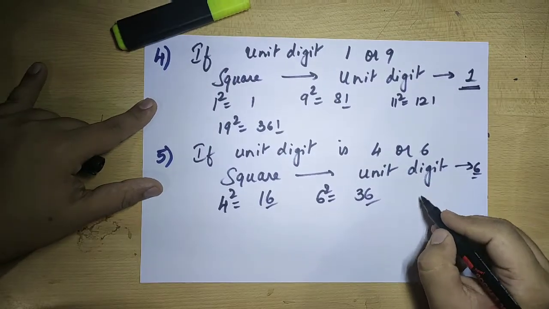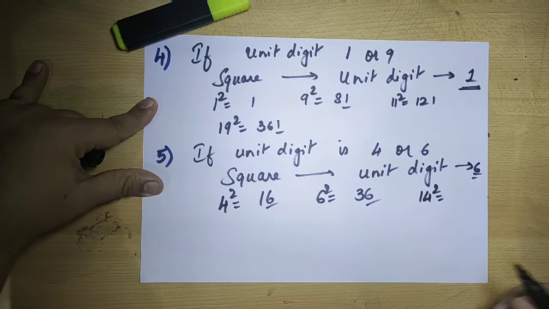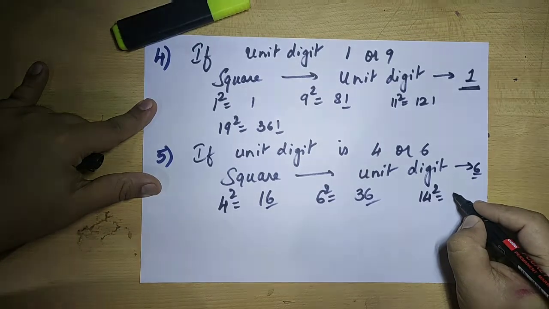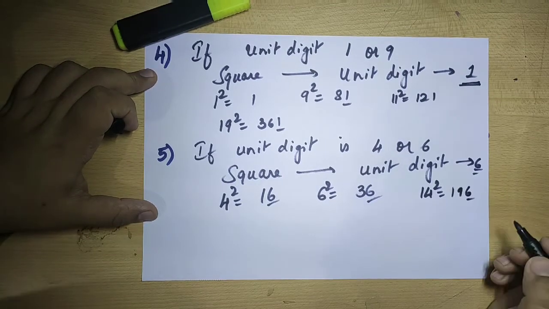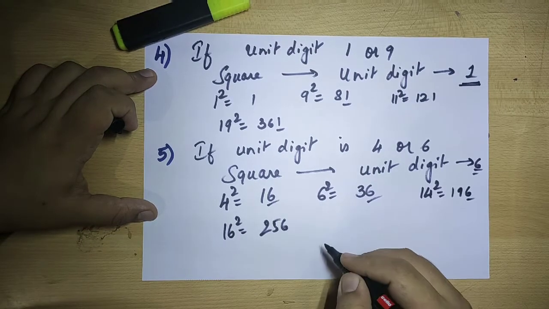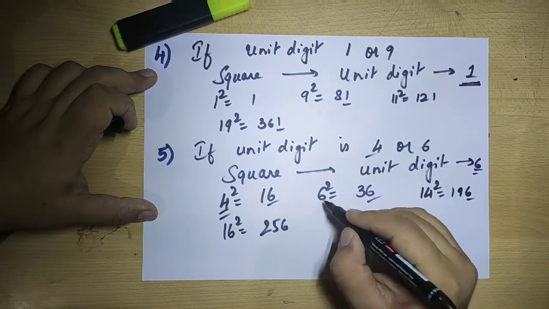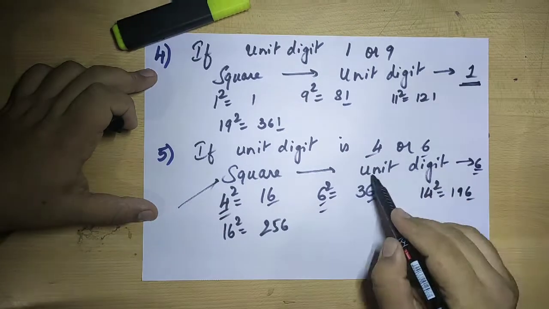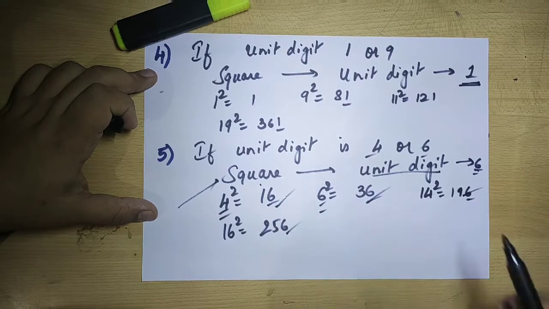Similarly, if you take 14 square, you get 196. 16 square, you have 256, and so on. If the unit digit is 4 or 6 and you take the square of it, the unit digit of the square will always be 6. You can check and verify.